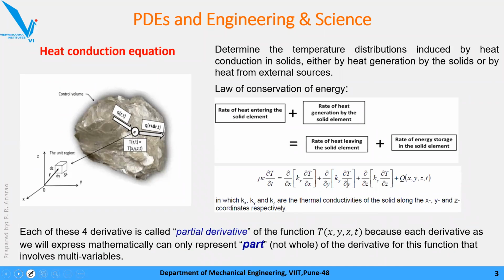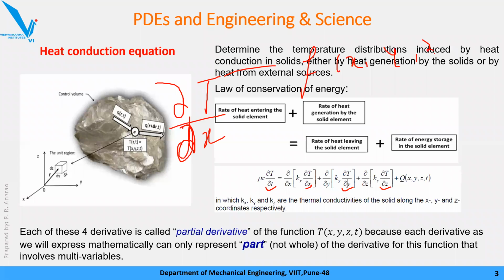Whenever you calculate any rate of change, you are calculating with respect to x, or with respect to y, or with respect to z, or with respect to t. So when I differentiate this T with respect to only a single variable x, now see, this T is a function of x, y, z and t. चारों का है, but मैं differentiate जब कर रहा हूँ, I am differentiating with respect to x.